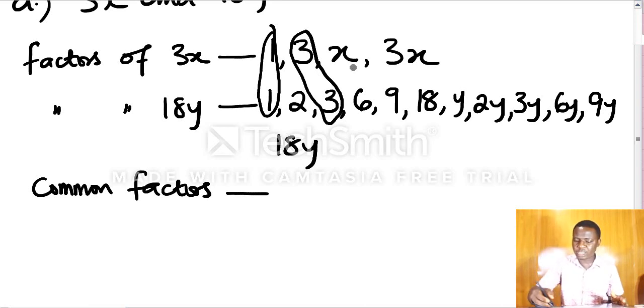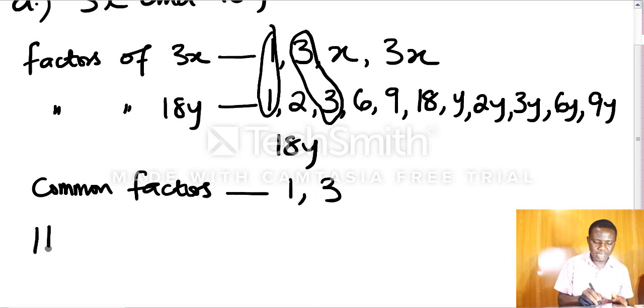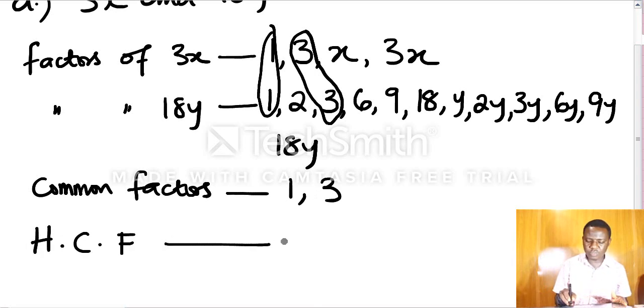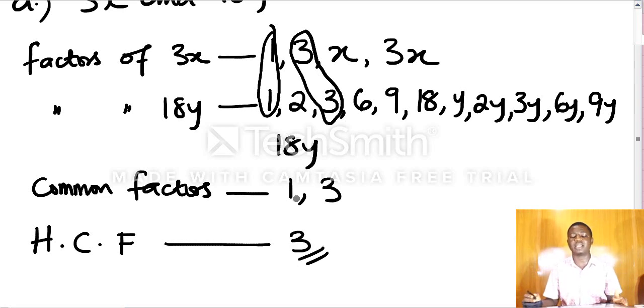Do we have x? No. Do we have 3x? No. So the common factors of 3x and 18y can be said to be 1 and 3. And then the highest common factor of this is said to be 3 because 3 is greater than 1.